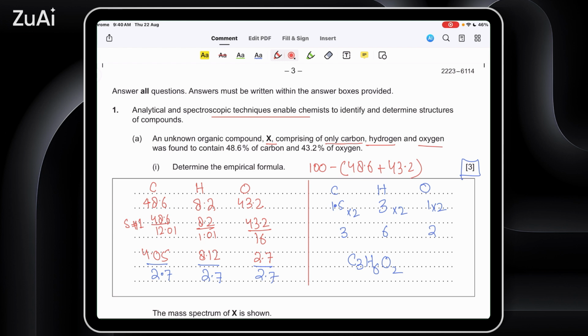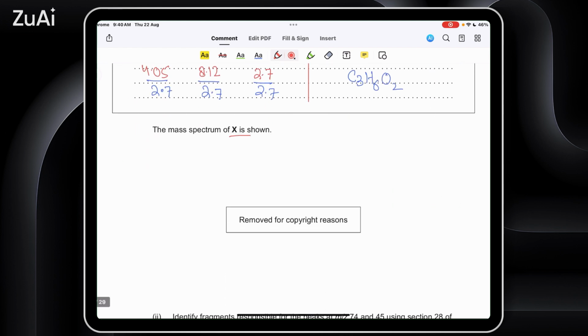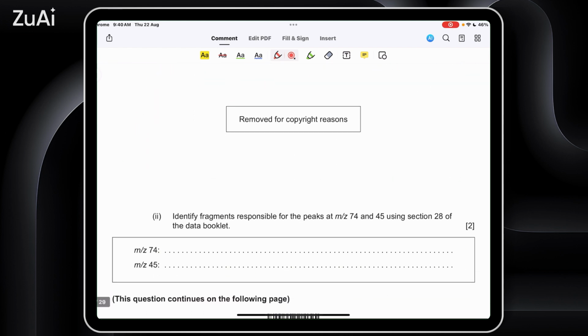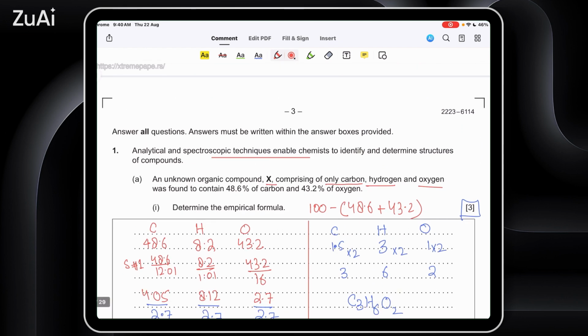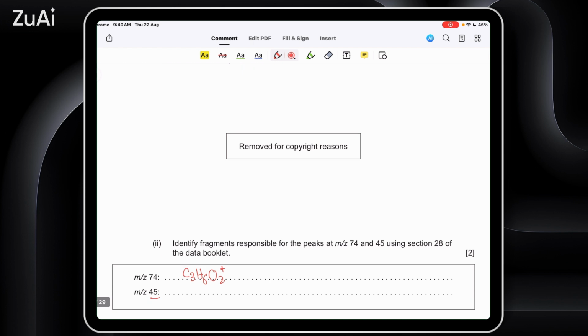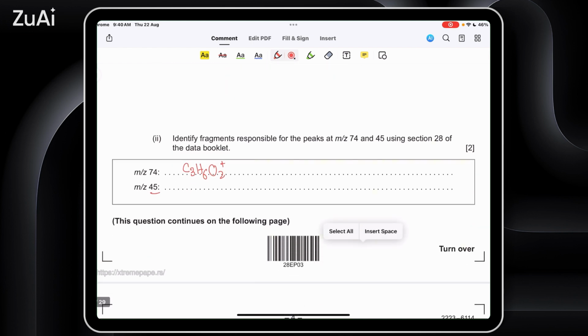You have to check the MR. For the 74, the whole thing has the mass C3H6O2 plus, because the full MR is 74 of this particular compound. And for the 45, now you have to see what is the thing. That's the unknown organic compound. We have only the fragments, right? So you will see the data booklet.